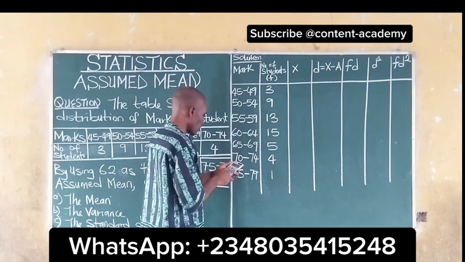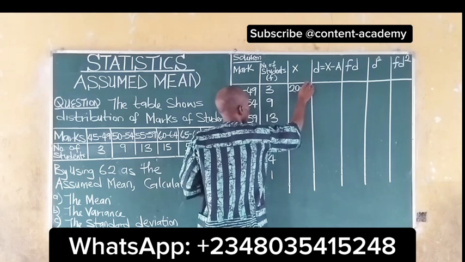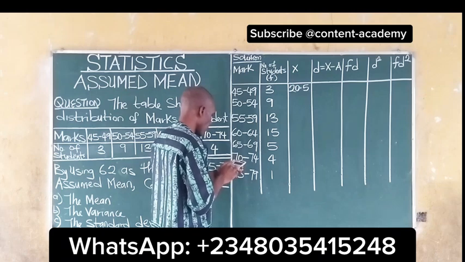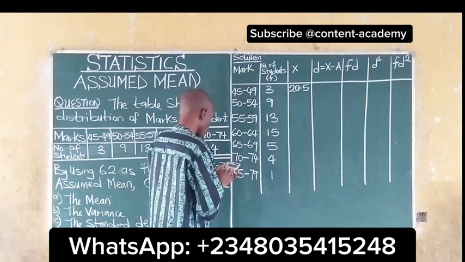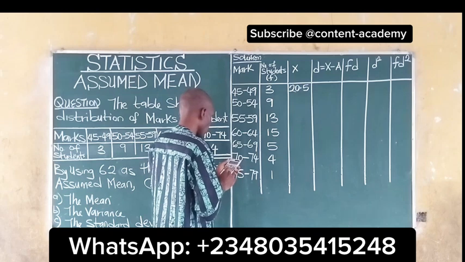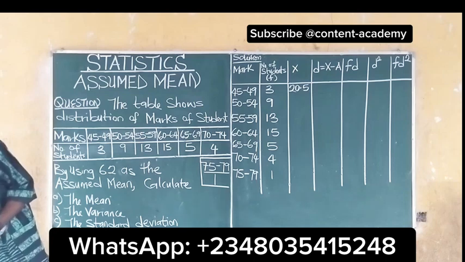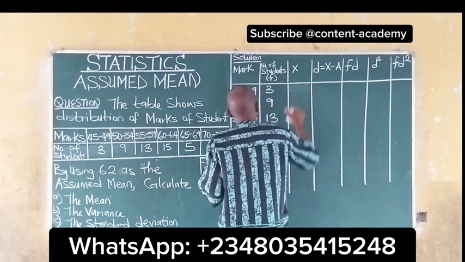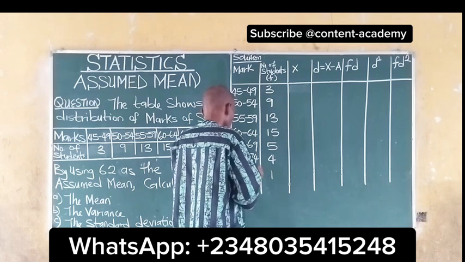So 45 plus 49 divided by 2 is 47. 50 plus 54 divided by 2, we have 52.